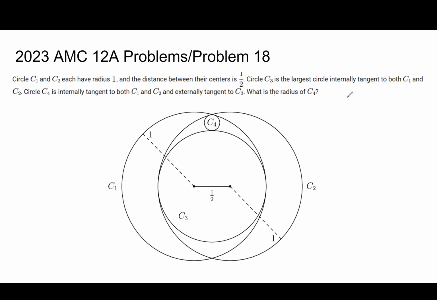Okay, guys, so what are we actually trying to find here? We're trying to find the radius of circle 4, the circle here. Say if I draw a line that passes through the middle.